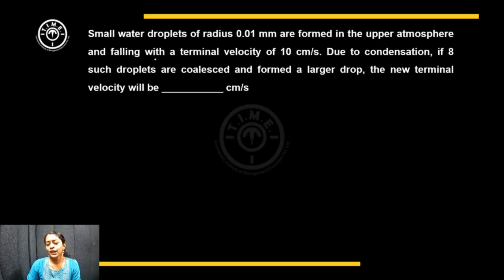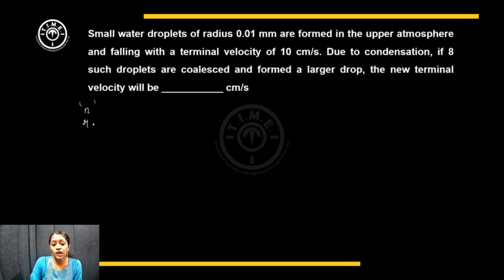In all kind of questions related to drop combination or drop splitting, you have to keep one point in mind. Let's see what is that point. See, let us consider there are n number of small identical droplets which coalesce or combine together to form a big drop. Okay.